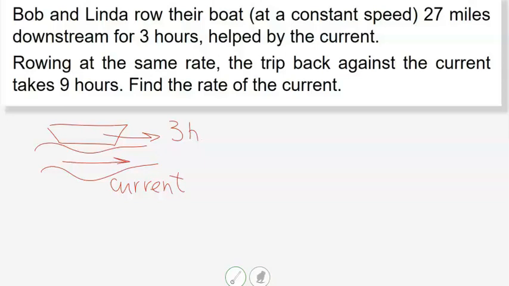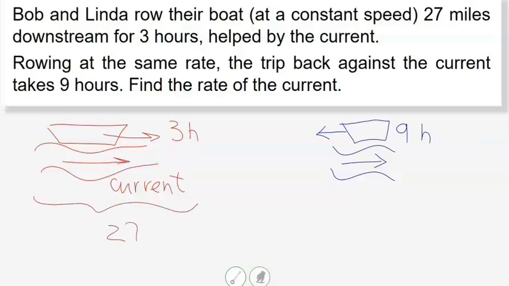Okay, so in this case, the current is still going this way. However, the boat is moving the other way, and it's doing it for 9 hours. But the distance is the same. The distance is still 27 miles. So here we have 27 miles, and the distance here is also 27 miles.